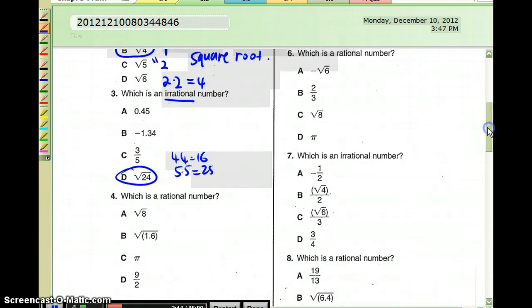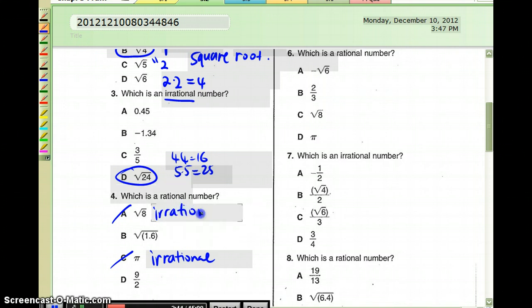Number 4, which is a rational number. Here we go. Rational is the opposite of a not perfect square. Now, let's look at A. That's not a perfect square, so that is definitely irrational. Pi, we also said, was irrational, so these are irrational. This is also irrational. So which one would be rational?